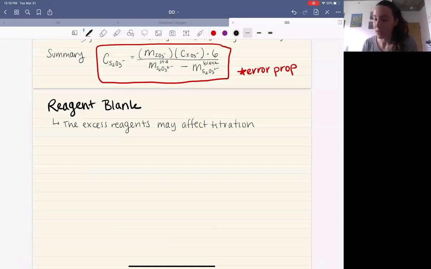So what we're going to do is do a reagent blank titration in order to account for that. And what we do essentially is to do 2 titrations on the same solution back to back.